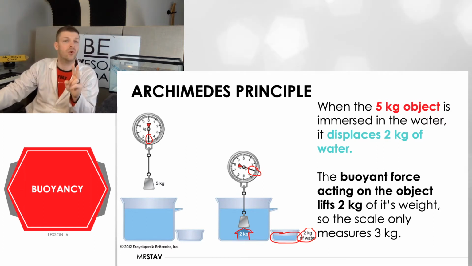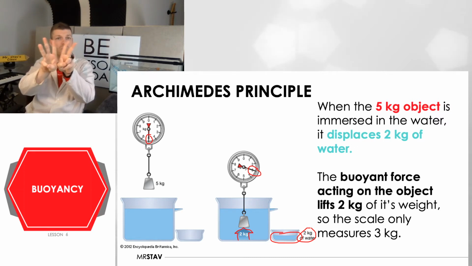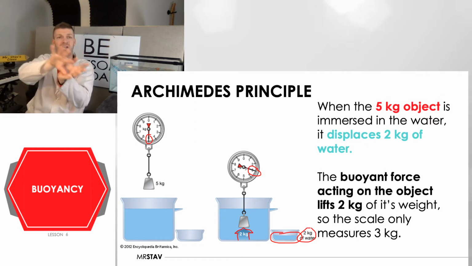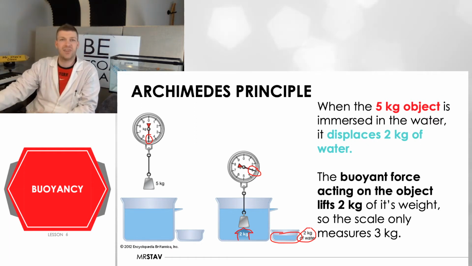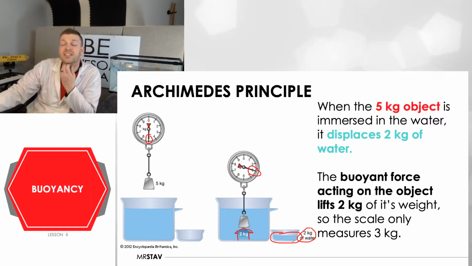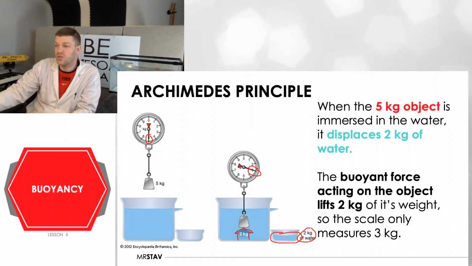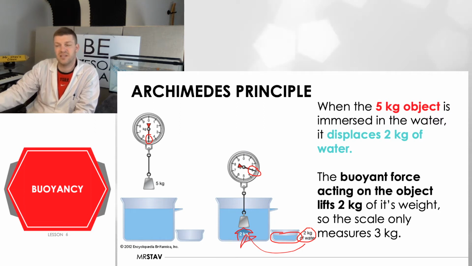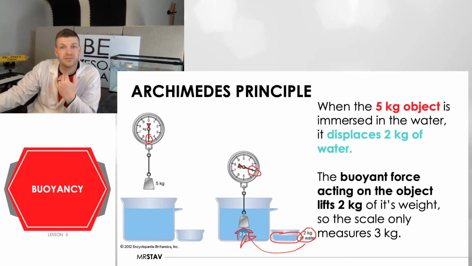So now it only weighs 3 kilograms. You have to total 5, because that's how much it weighs. And when we put it in the water, water spilled over, and the displaced water weighs 2 kilograms. 2 kilograms is the buoyancy force.